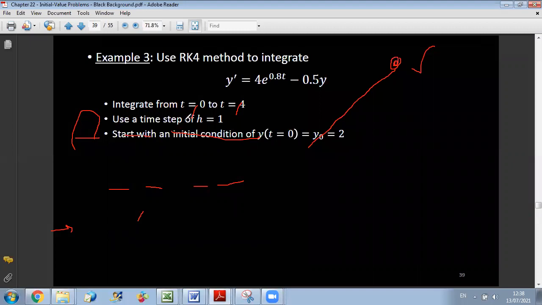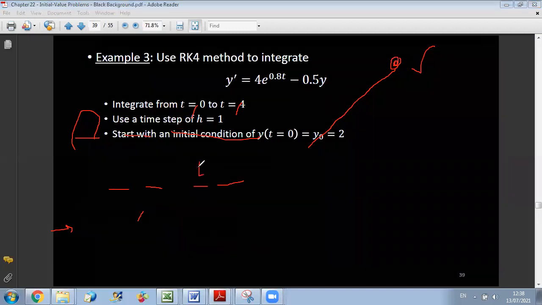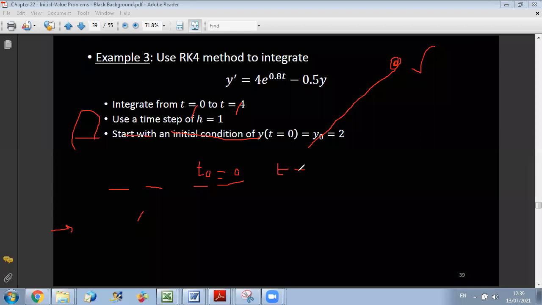Okay, so since we are having a time step of 1, then t0 is 0, t1 is equal to 1. So t half is equal to 0.5. Okay. Now all we have to do is to replace t half by 0.5.